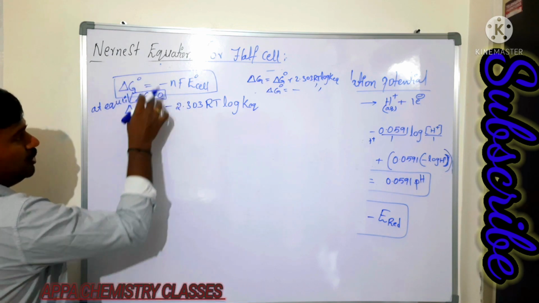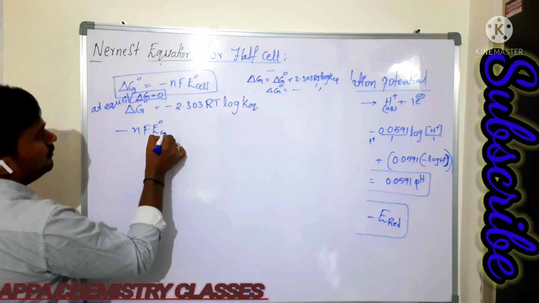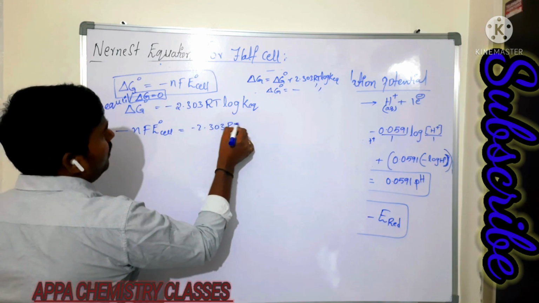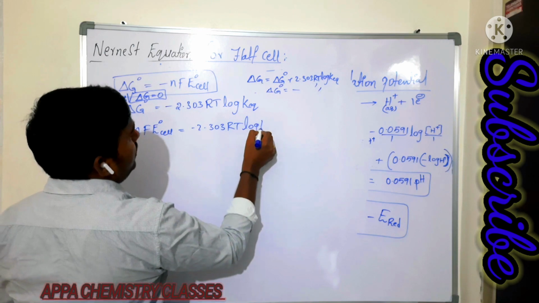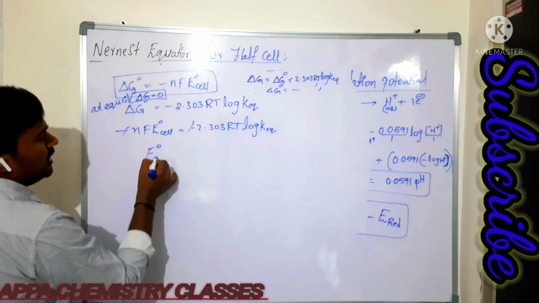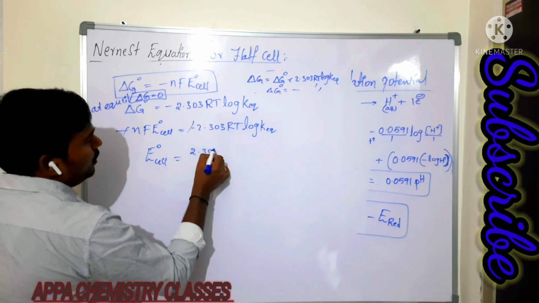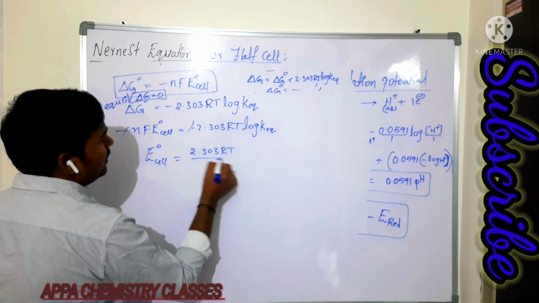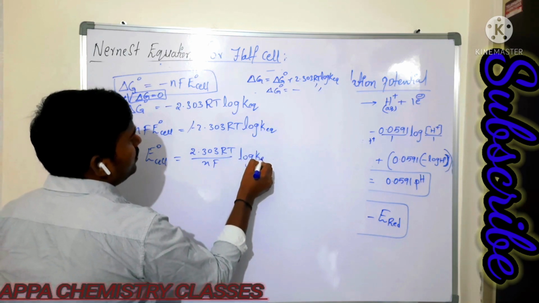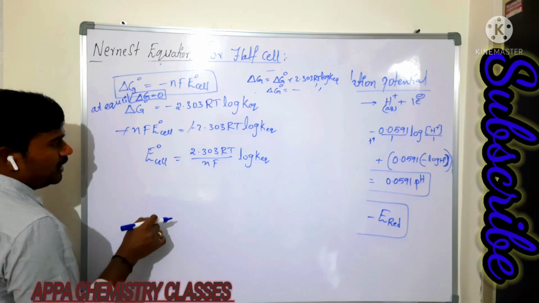So when we are equalizing both, that is minus nF E naught cell is equal to minus 2.303 RT log K equilibrium. So minus minus get cancelled. So then cell potential, standard electrode potential, is equal to 2.303 RT by nF log K equilibrium. So here n and F are multiplying this side, so they will be in the denominator.